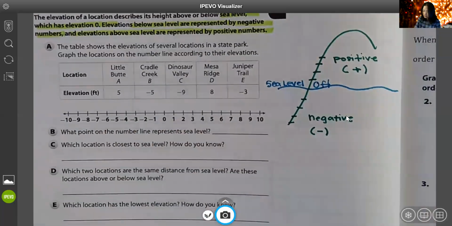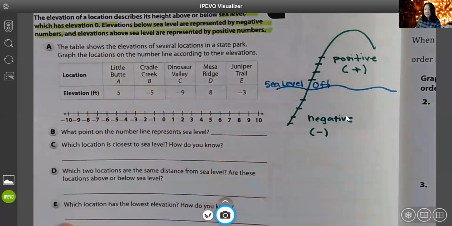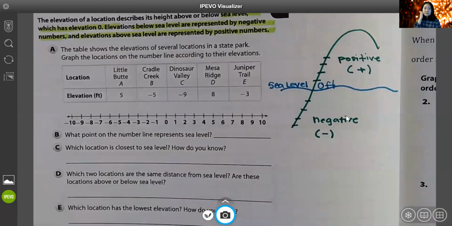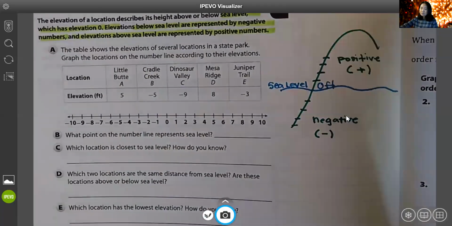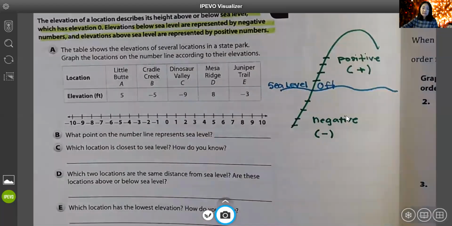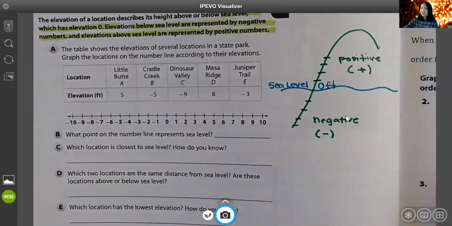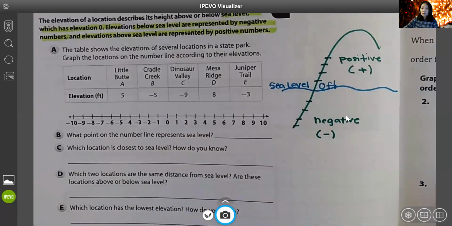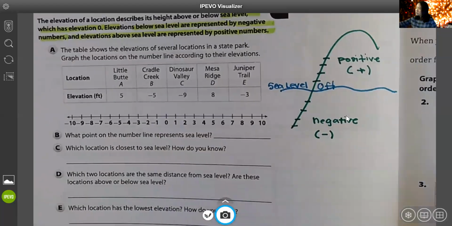Let's go through A through E, and then I will give you the definition of an integer. A: the table below shows the elevations of several locations in a state park. Graph the locations on the number line according to their elevations.